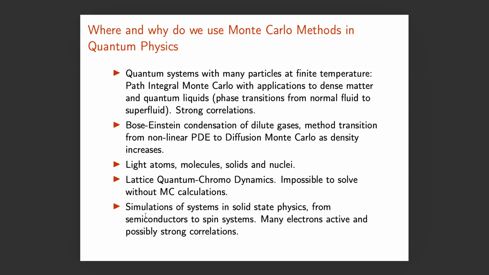However, when you go to strongly interacting systems, that ansatz breaks down and you cannot use it. Monte Carlo methods can actually be used for many other types of systems, also strongly interacting ones. But it means that you need to have a good guess for what the trial wave function looks like.